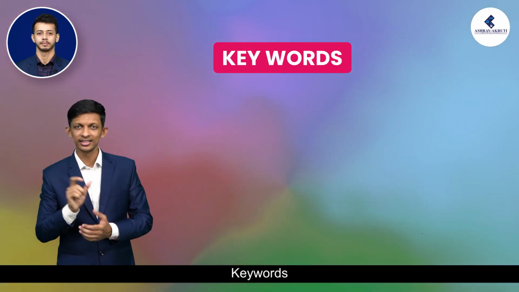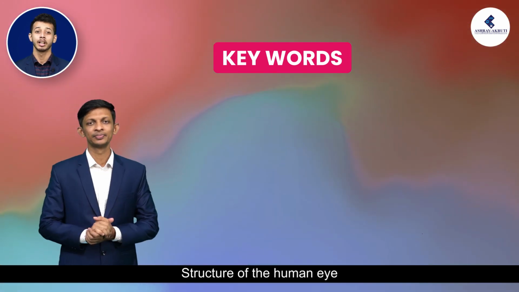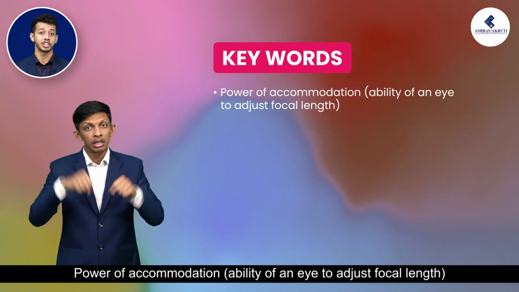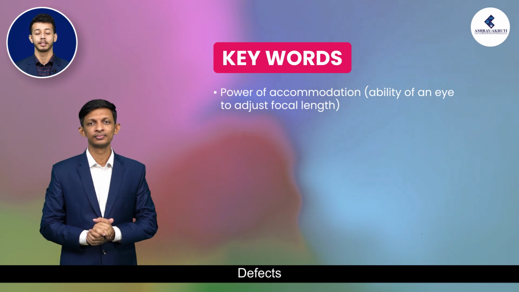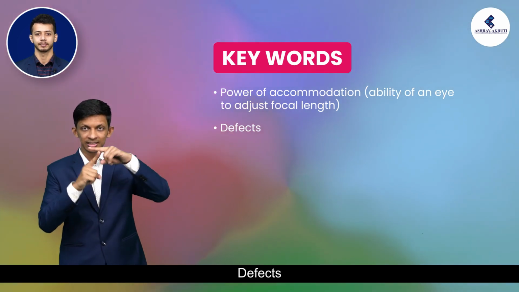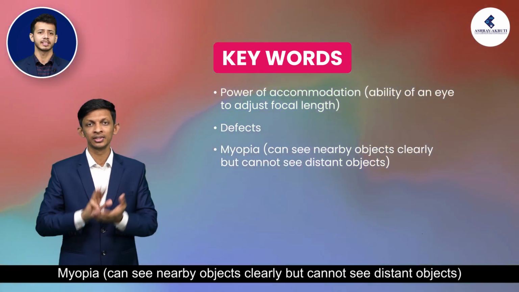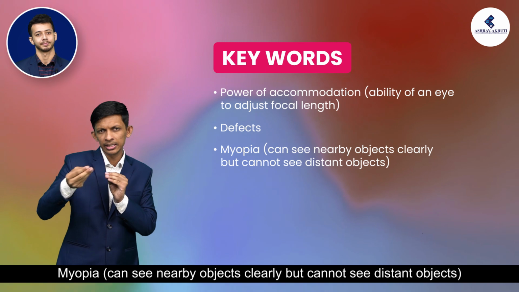Keywords: structure of the human eye, power of accommodation, ability of an eye to adjust focal length. Defects: myopia, can see nearby objects clearly but cannot see distant objects.